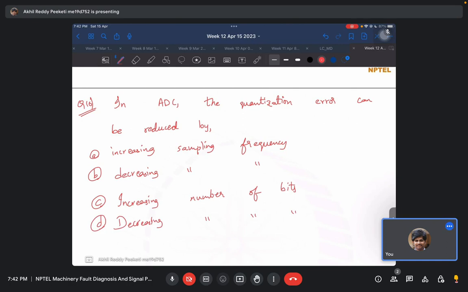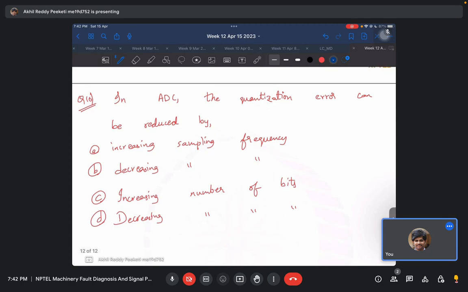So how can we reduce the quantization error? So what exactly is quantization error?